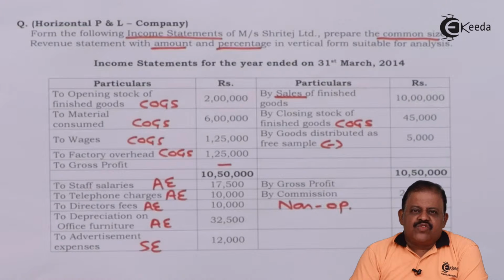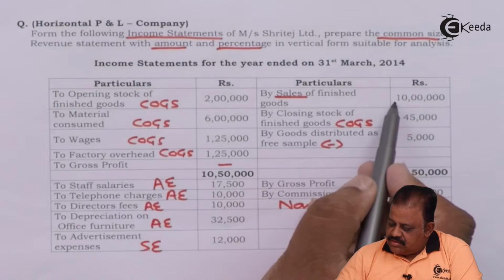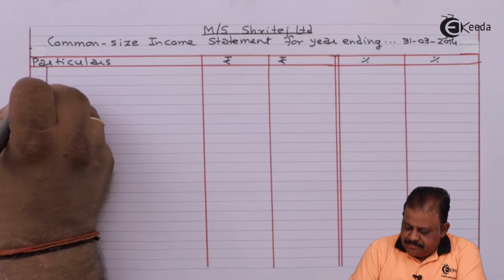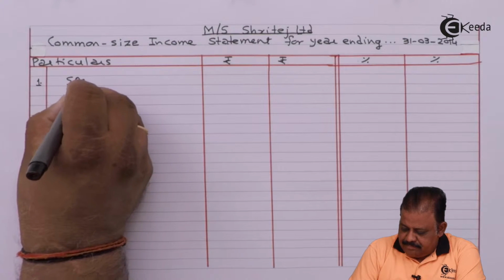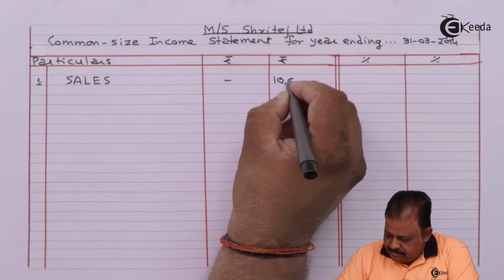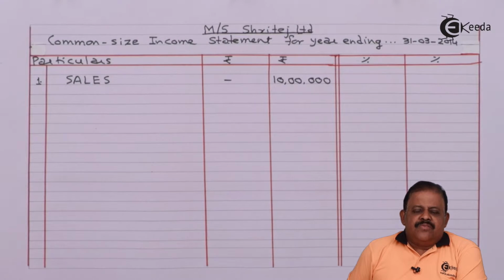First, we are required to start with sales. Sale of finished goods. Amount is 10 lakhs. From this, we are required to deduct cost of goods sold.